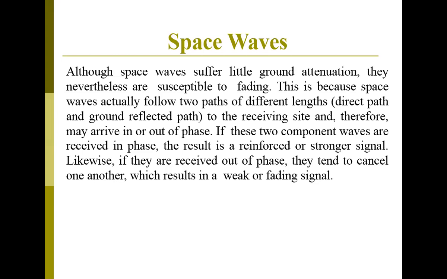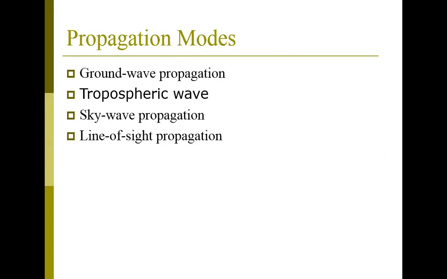If it goes through the Earth's surface, then some phase difference may occur. One signal goes directly from the transmitter to the receiver antenna, and one is through reflection from the ground surface. From the ground surface, there is a much greater chance that the signal may get faint or weak.